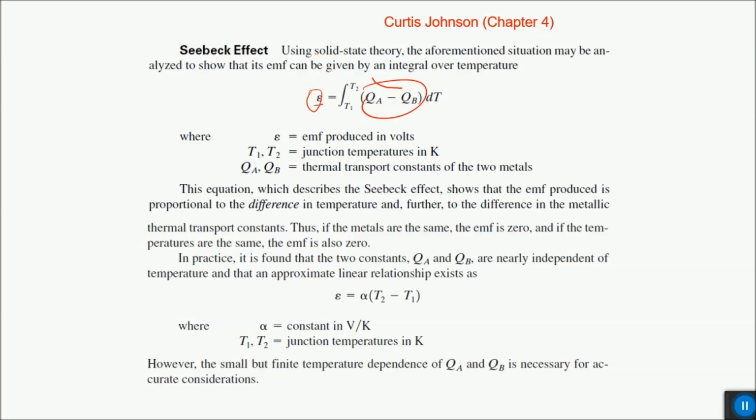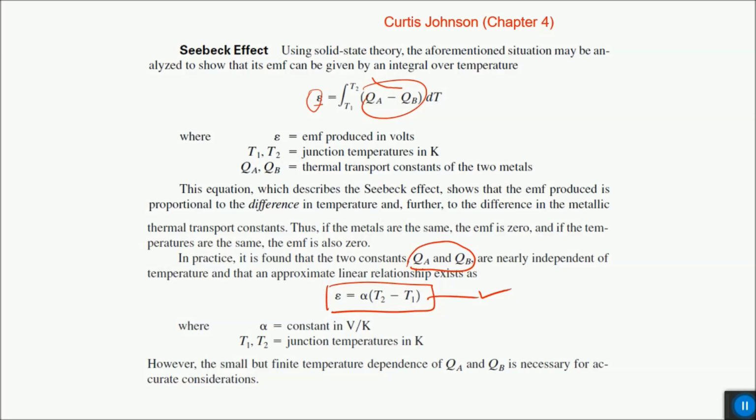It is also known that in practice these two constants, QA and QB, are nearly independent of temperature, so an approximate linear relationship like this can be found, where alpha is the constant in volts per Kelvin and T2 minus T1 are the junction temperatures in Kelvin.